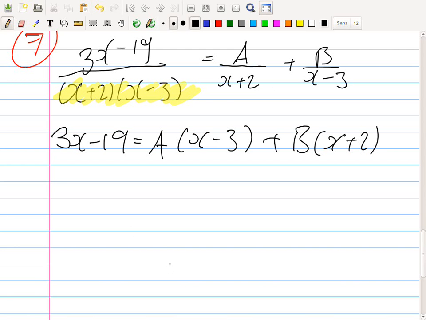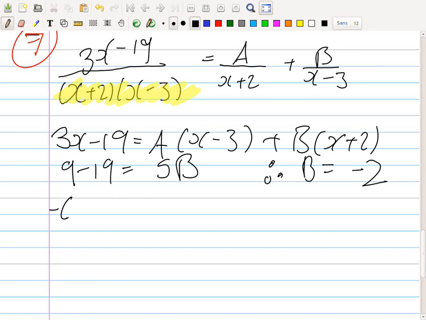Then you choose values of x. So what should I make x equal to? 3. Make it equal to 3, so I get 9 minus 19 equals 5B. Therefore, B equals minus 10 divided by 5, minus 2. And then what's the next value I should make for x? Minus 2.